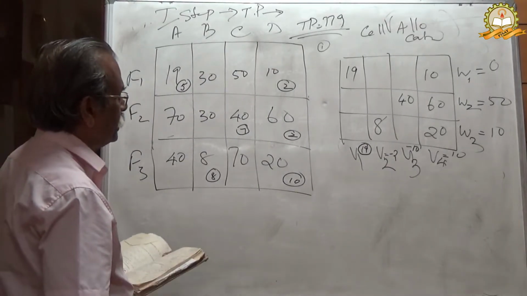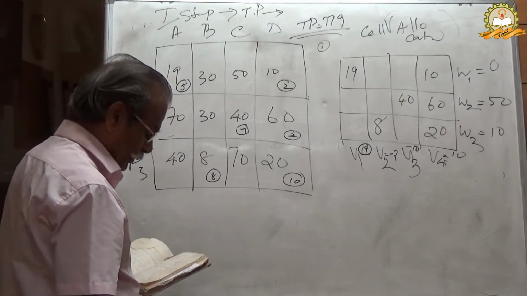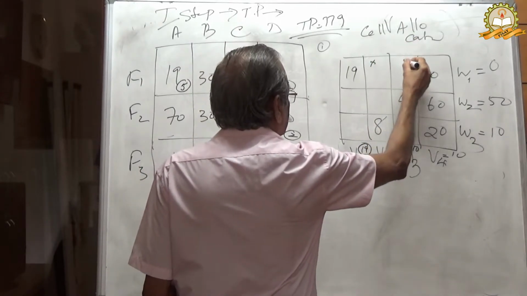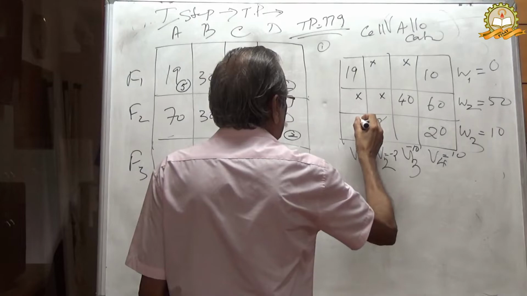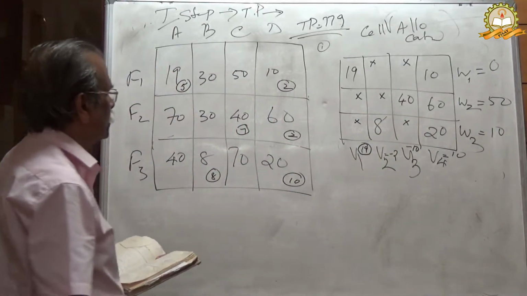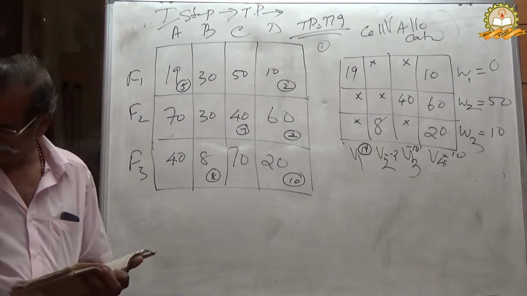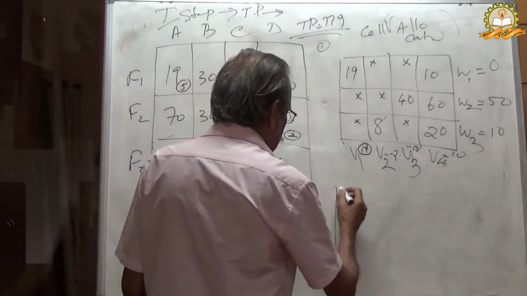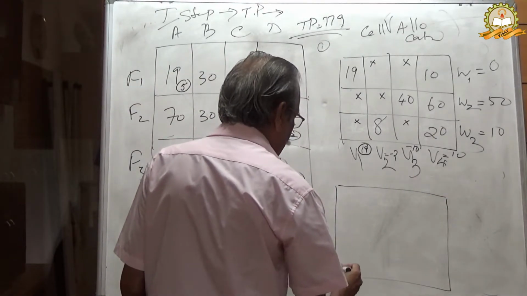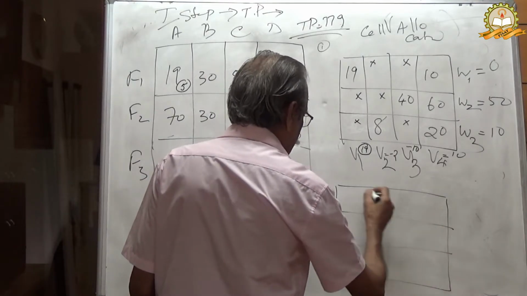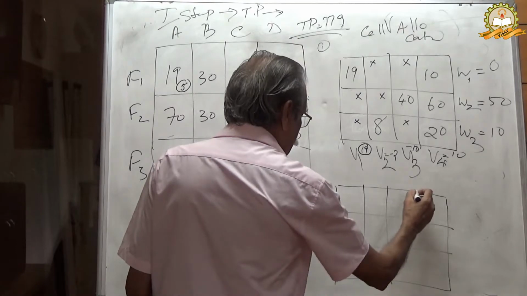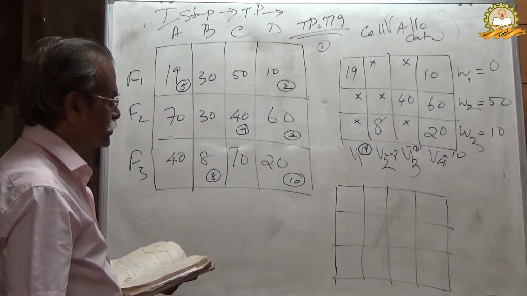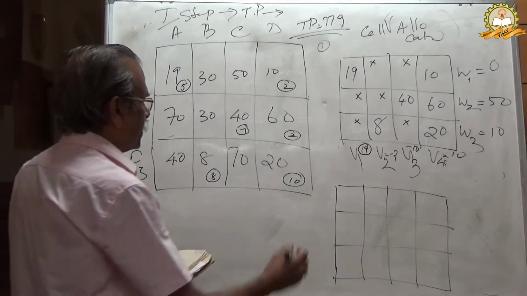Then here, the unallocated cells are these, you mark them. Therefore, you write a small heading: calculation for cell value of unallocated cells.